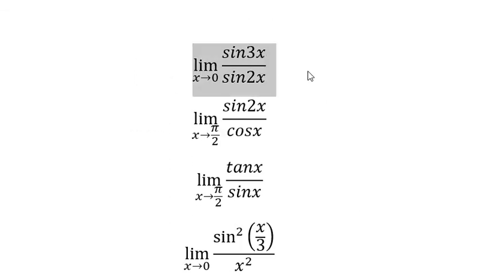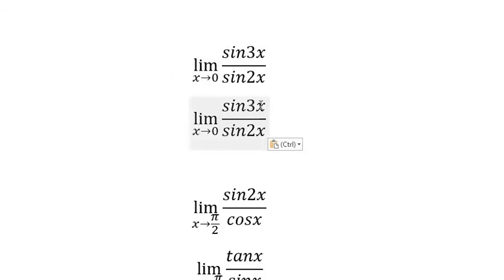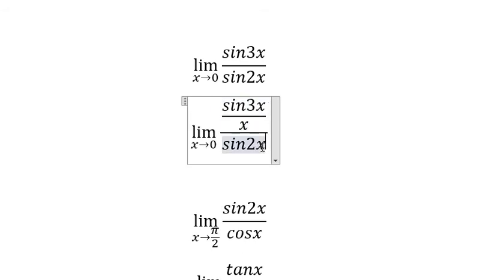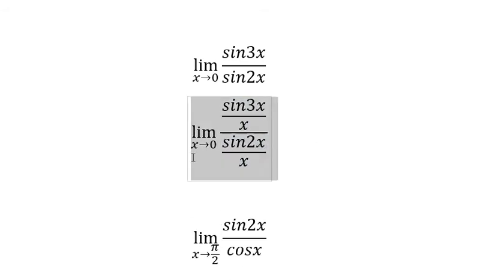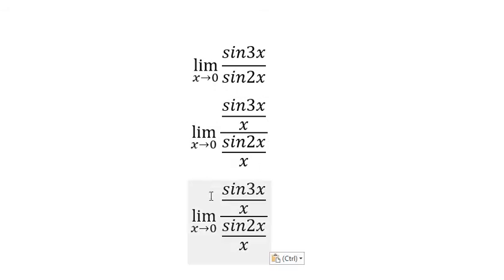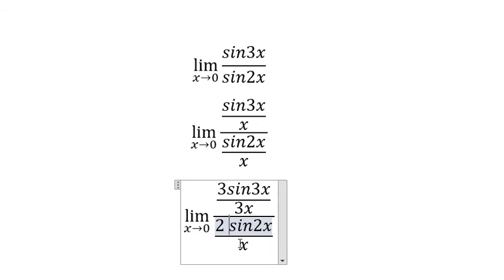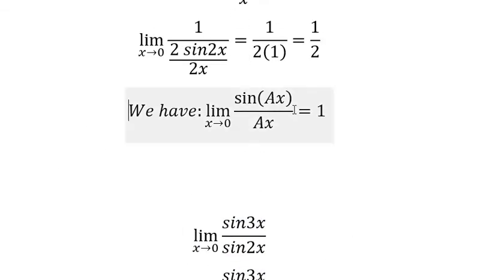Question number 2. I will divide by x on the numerator and denominator. Now, I will put number 3 on the numerator and denominator. This one you get number 2 and number 2. Now, we have the same formula here.